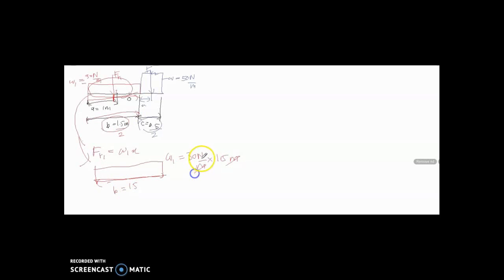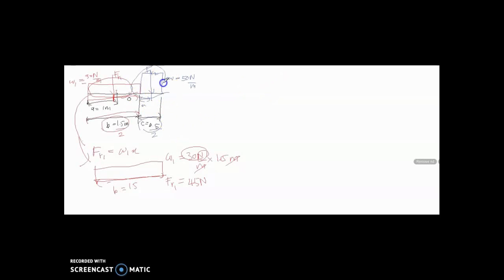Eliminate the meters, you will get the unit of Newton, the force here, FR1, which is equal to 45 Newtons. That is for FR1.